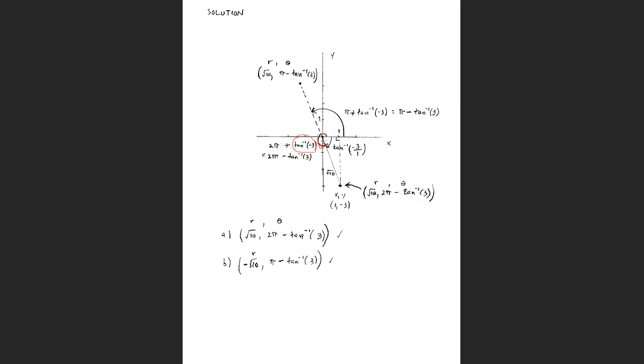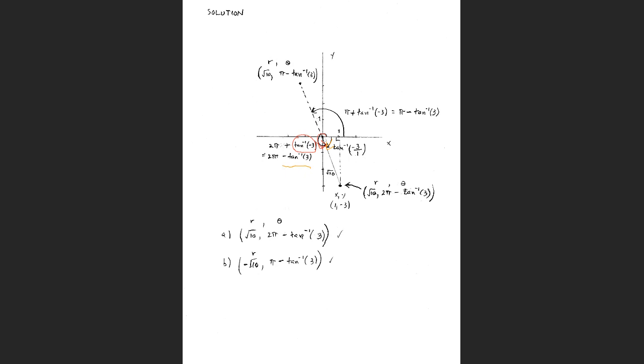It's going to be this angle here, this reference angle. But the arctangent of -3 is equal to negative the arctangent of 3, because tangent is an odd function, right? Tangent is an odd function.